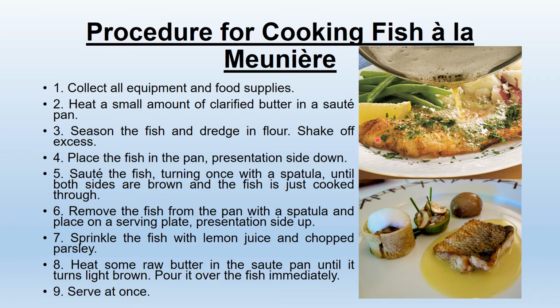So over here, this is going to be the presentation side, where the skin comes. Unless the fillet has the skin like this one, you're going to use that part as the presentation. But in most cases in fillet, you're going to be using the part where the bone was before, which is plain.